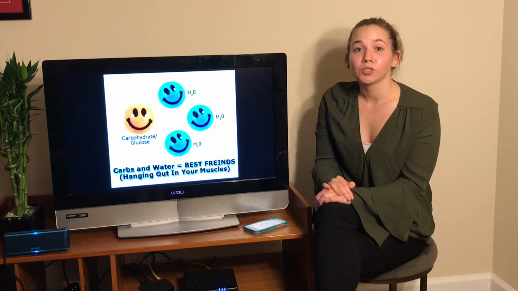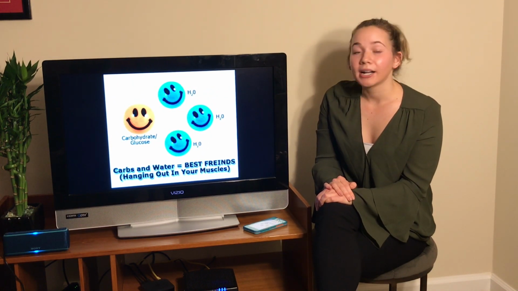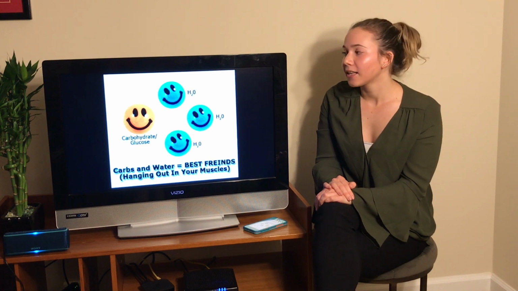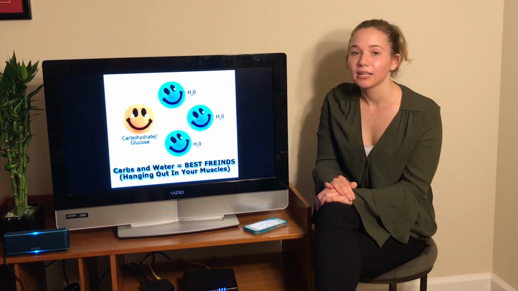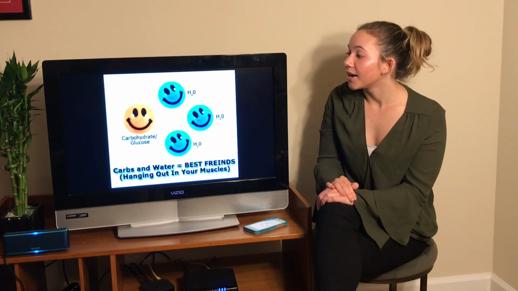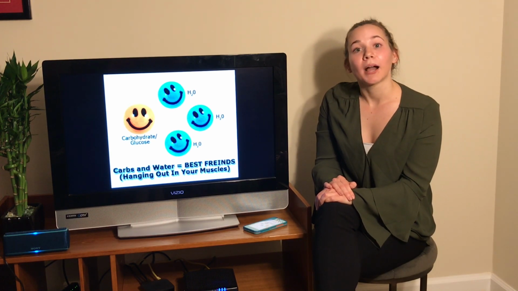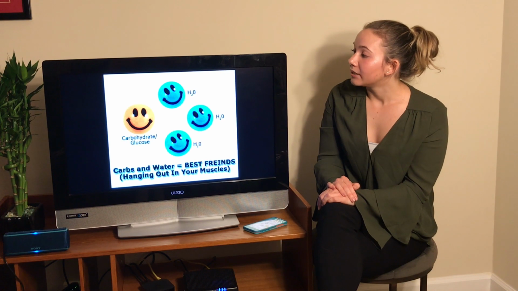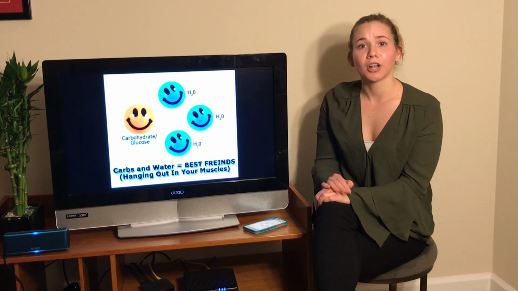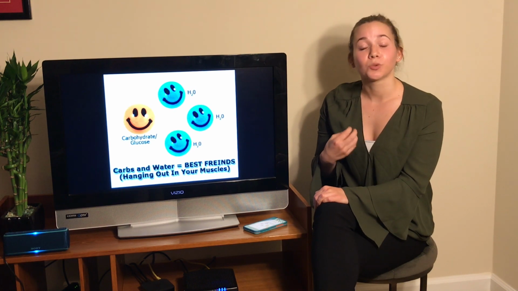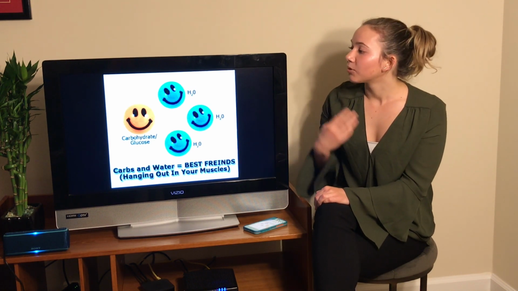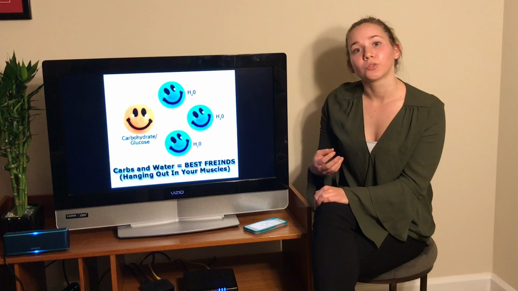Another change that happens when you go into ketosis, your body's going to lose a lot of fluids, and that's why people typically lose maybe 10 pounds in the first week. That's not going to be fat loss, it's actually water loss, because that glycogen that your body is storing is being broken down because you're not getting glucose from your diet. And so your body takes that glycogen, which has stored glucose molecules, and keeps breaking them down, and glycogen stores liquid.